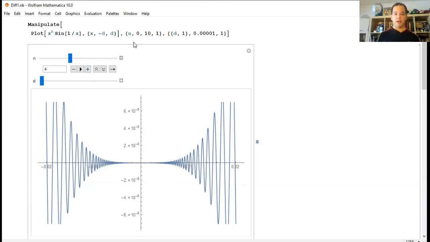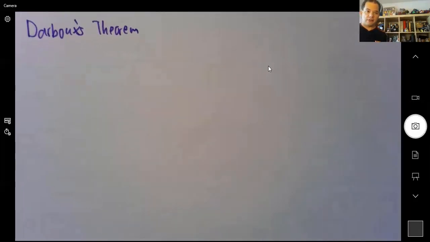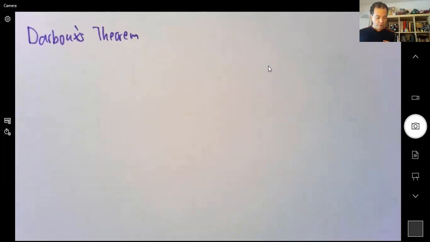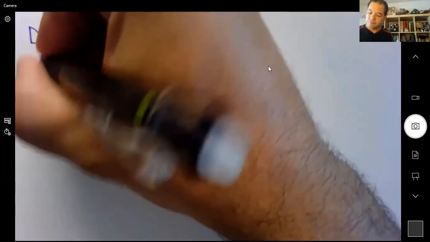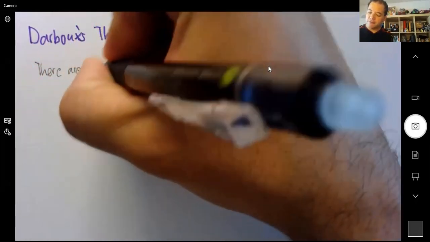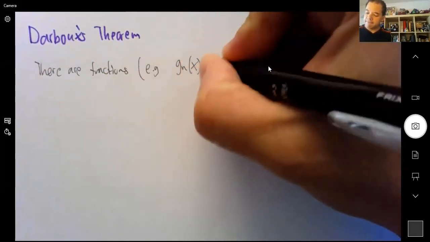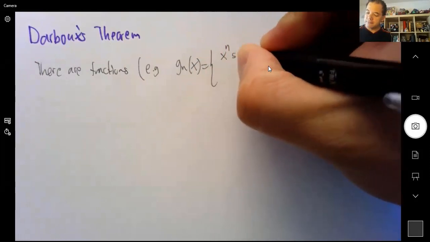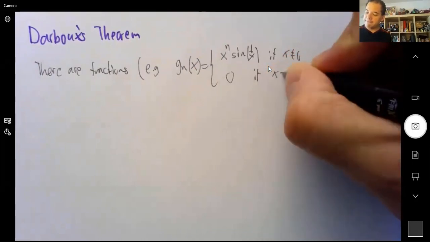All right, so let's go back to the page and talk about Darboux's theorem. So what we just said is that there are functions, e.g., this one over here, x squared sine of 1 over x if x is not 0, and 0 if x is 0.